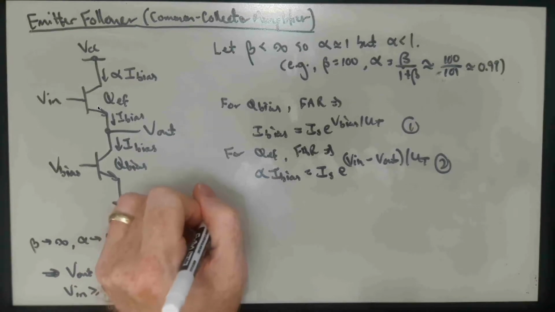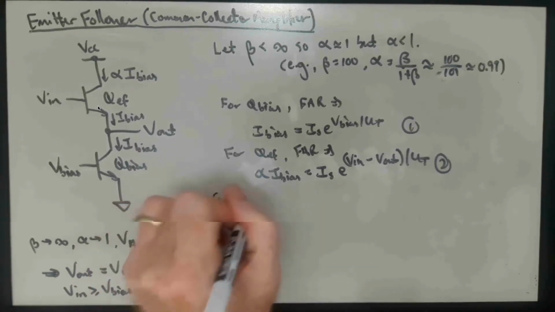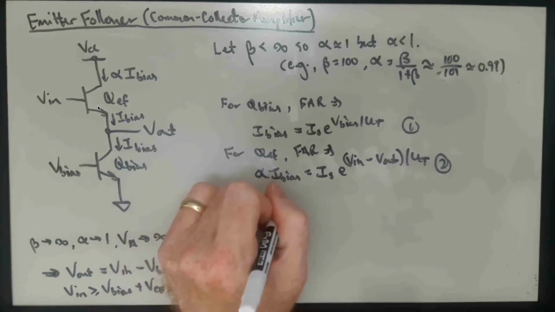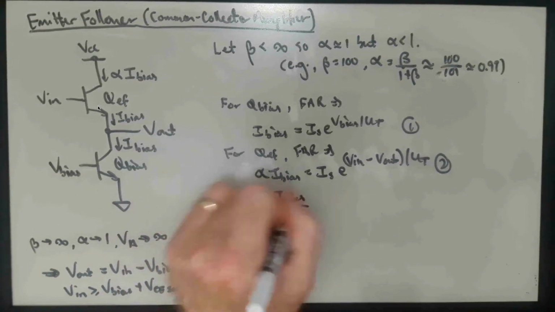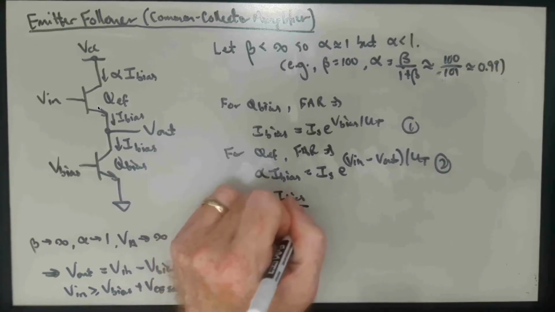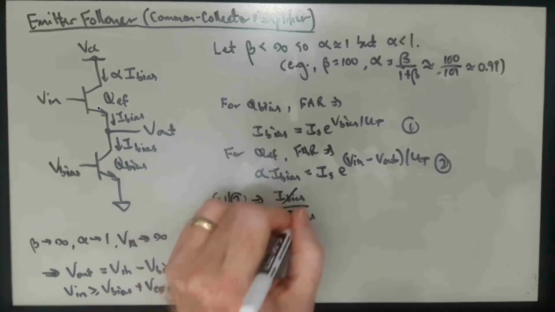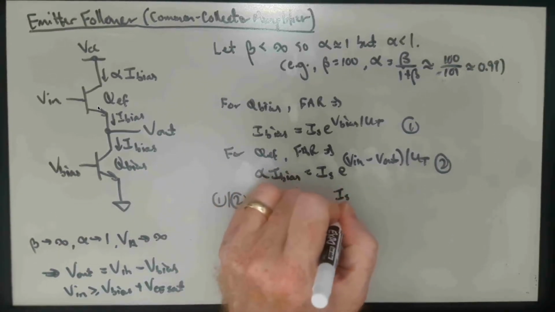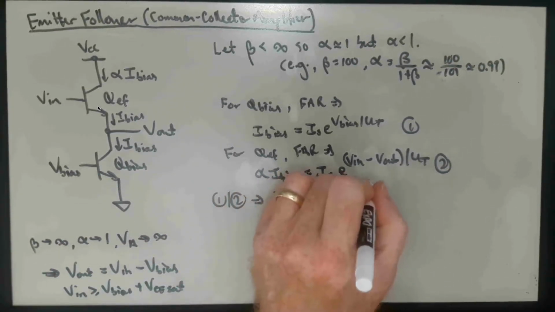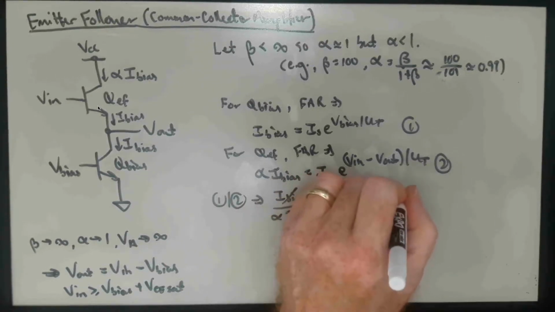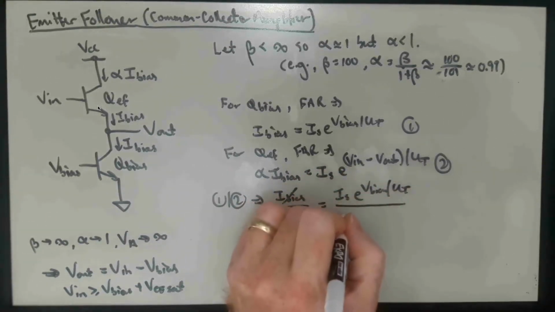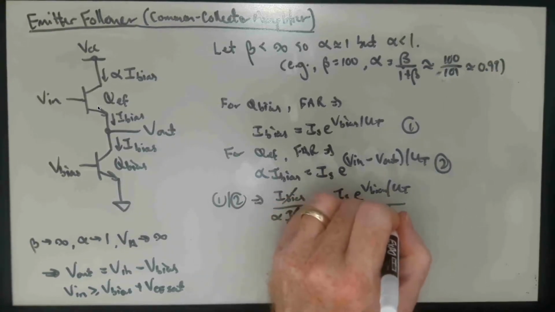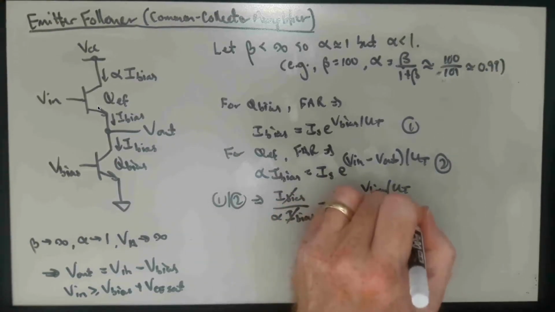So if we take 1 divided by 2, we find here that on the left-hand side we have I bias divided by alpha I bias. Okay, the I biases go away and we're left with 1 over alpha is equal to IS e to the V bias over UT divided by IS e to the Vin minus Vout over UT.